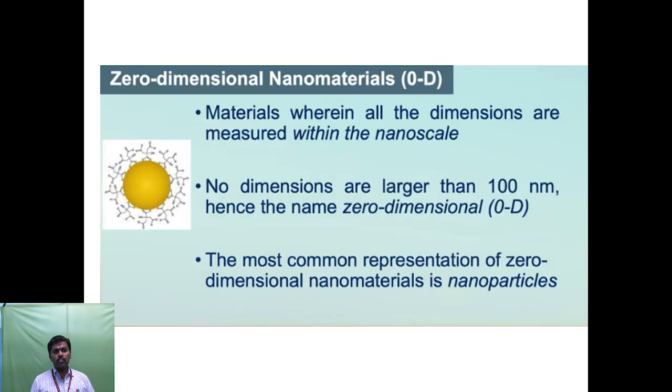First one is 0 dimensional nanomaterials, materials wherein all the dimensions are measured within the nanoscale. In 0 dimension, no dimension is larger than 100 nanometers, hence the name. The most common representation of 0 dimensional nanomaterials is nanoparticles.